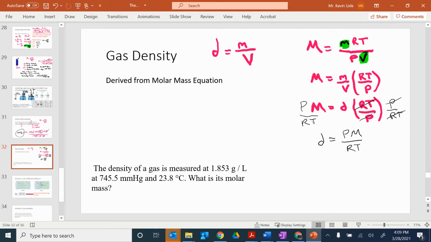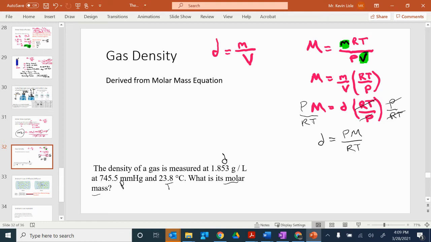So let's take a look at a typical problem you might run into with gas density. Sometimes you're going to solve for density, or you might run into a situation like this one where we're given the density, the pressure, and the temperature, and all we have to do is find the molar mass.